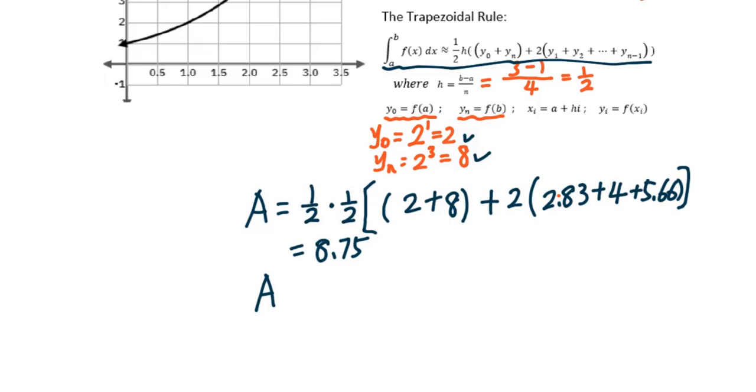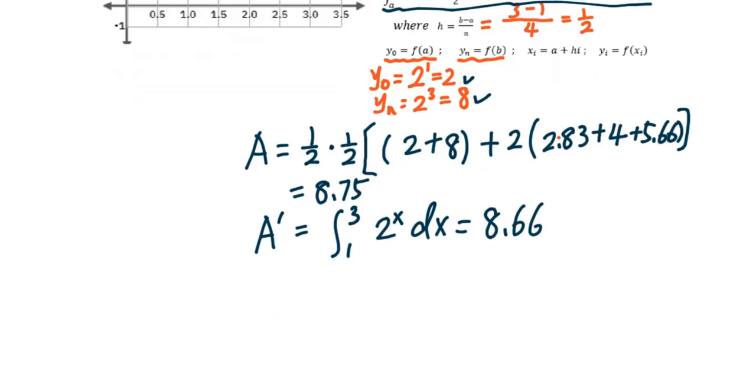You can compare to the exact value. We will do the area A prime equals the definite integral from 1 to 3 of 2 to the x power dx. Your answer will be 8.66. You also can work out the percentage error.